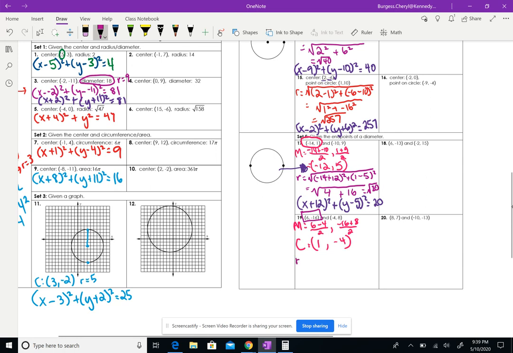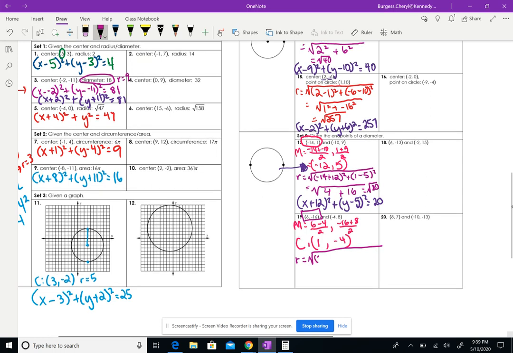So distance, or the radius. Six minus 1 squared plus negative 16 plus 4 squared. Okay. 5 squared is 25. And negative 12 squared is 144.